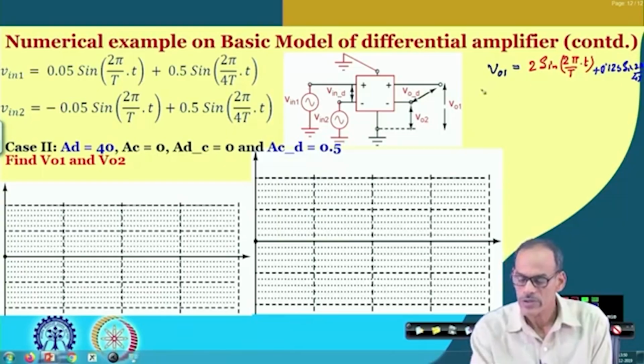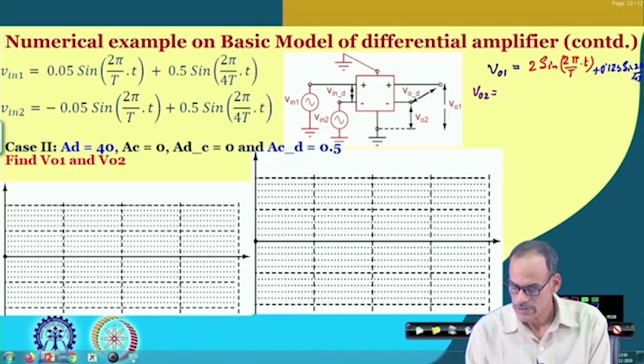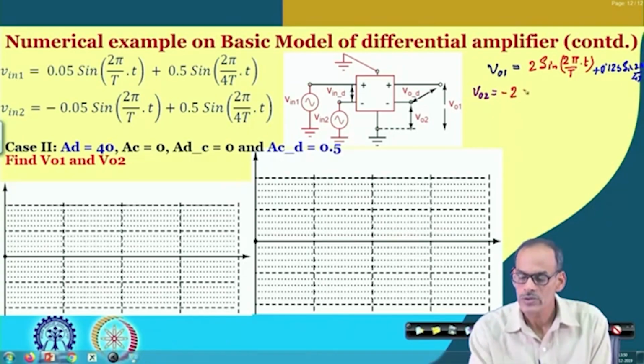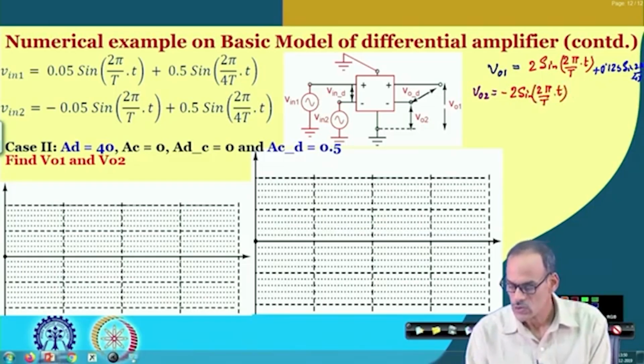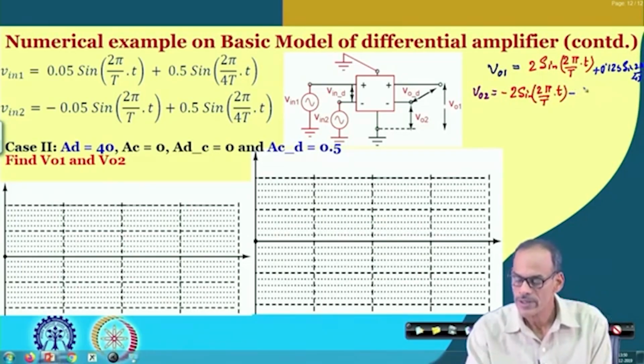Likewise, if we consider VO2, that is having minus 2 sin 2 pi by capital T into small t, and also this unwanted part, as I said, having a minus sign, 0.125 sin 2 pi by 4 capital T into t.